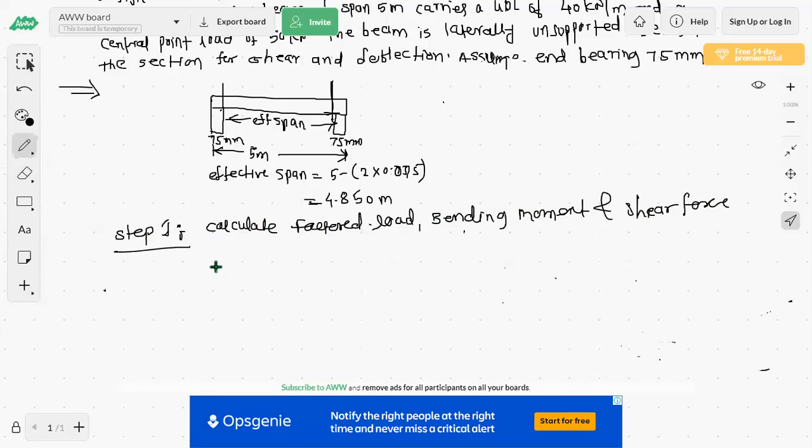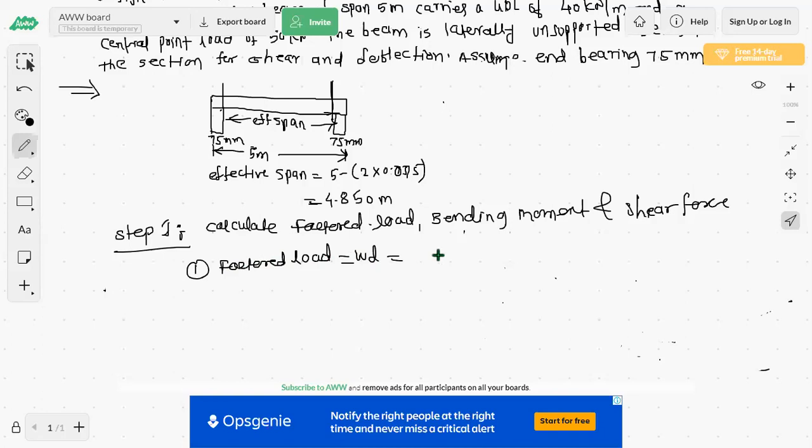So here first we have to calculate the factored load. Whether the load given is factored: in the problem statement, they have not written that this is a factored load. So we have to calculate the factored load WD.